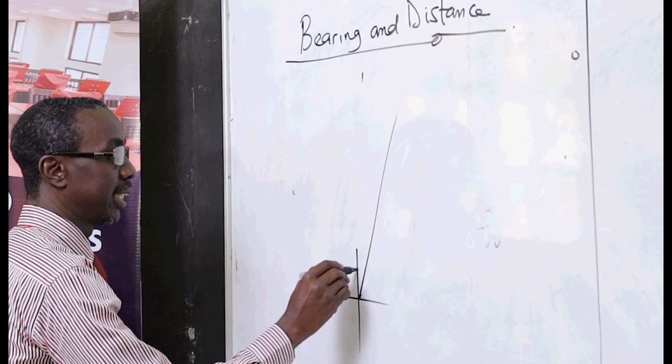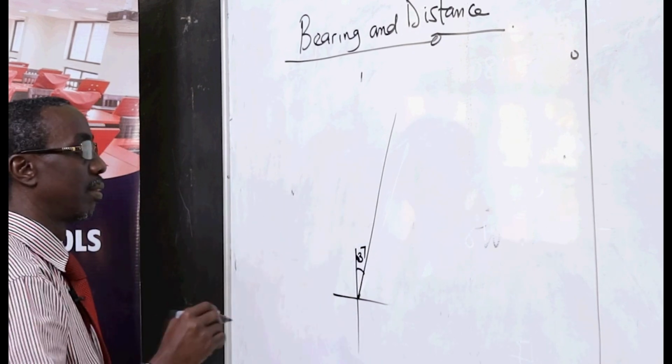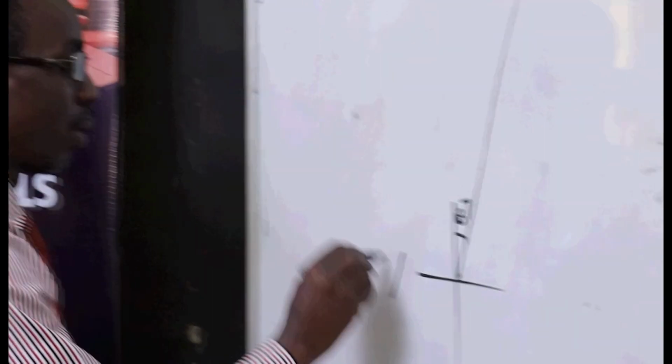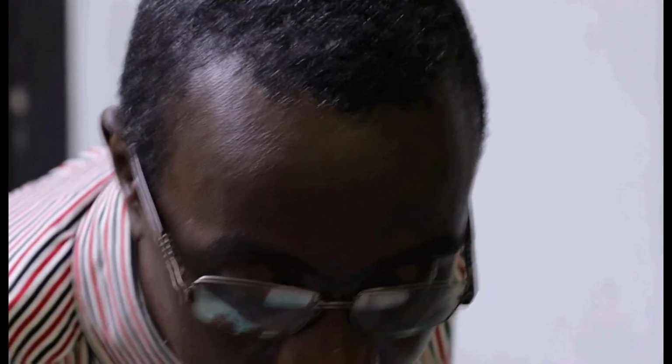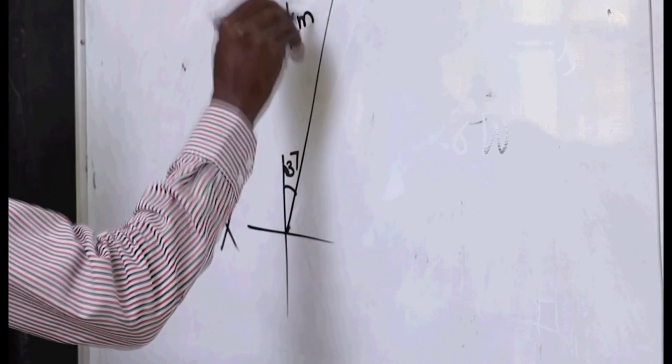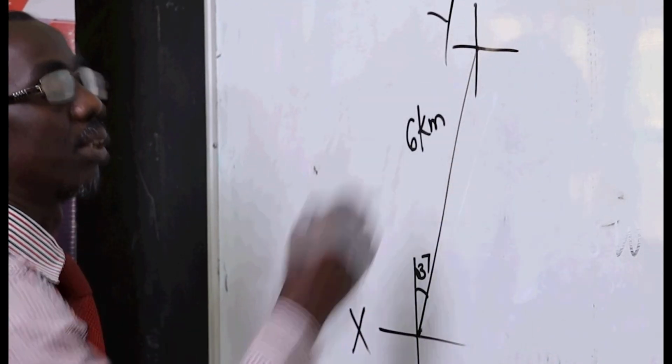Okay, that is my 37, and this is point X. From the information, it said a boat sails 6 kilometers on a bearing of this to Y. This is 6 kilometers now, and this is where the next point is. This is Y. Yes or no?